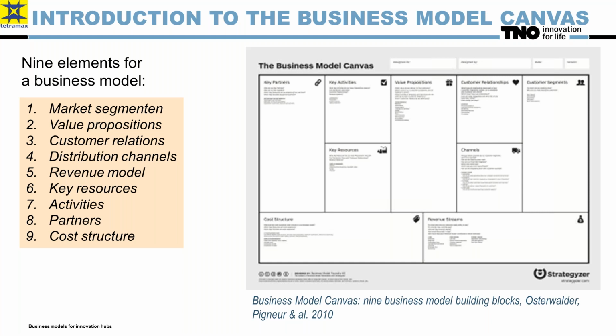I cannot spend a lot of time on this right now. I've got a presentation on all these elements, but it's too little time to go in depth into this. But I can tell you, Wikipedia, there's some very nice books out there, and that will help you to further develop the business model canvas.